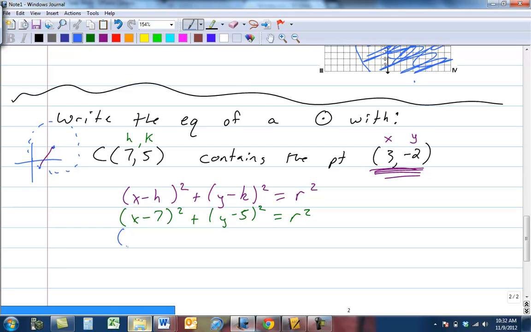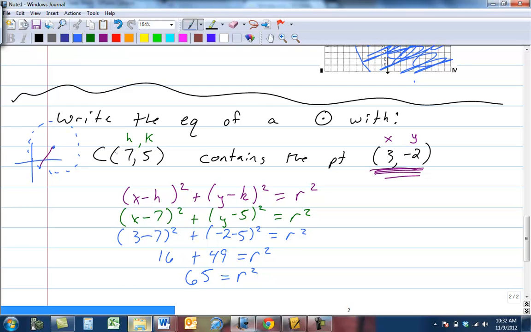So now you're at 3 minus 7 quantity squared plus negative 2 minus 5 quantity squared equals r squared. So 3 minus 7 is negative 4, squared is 16, plus negative 2 minus 5 is negative 7, squared is 49, equals r squared. 16 plus 49 is 65, is r squared.